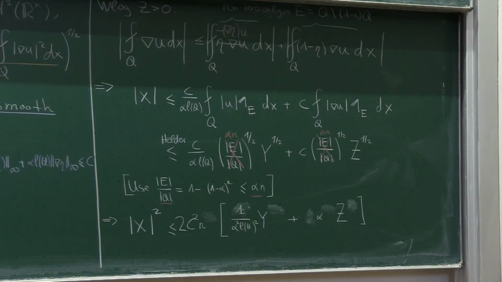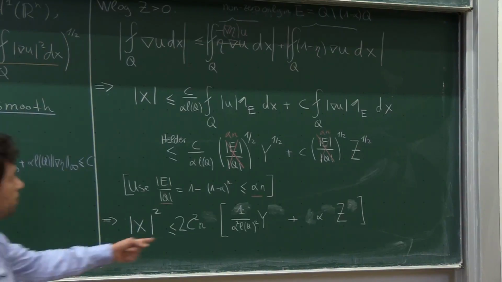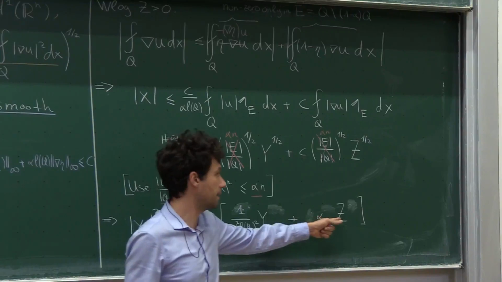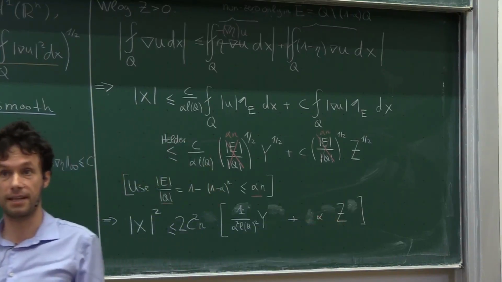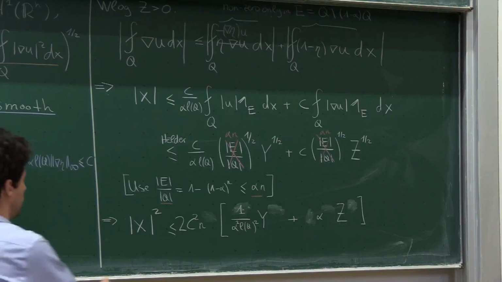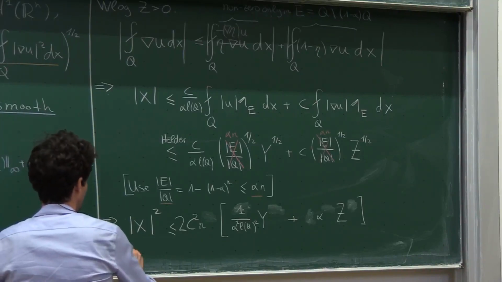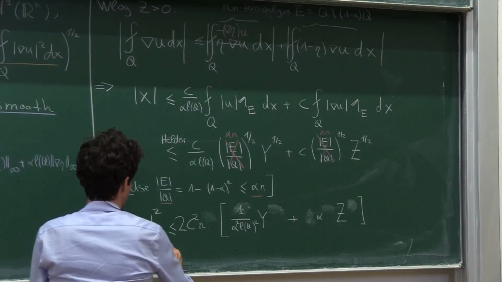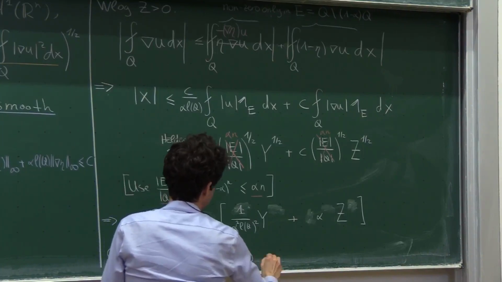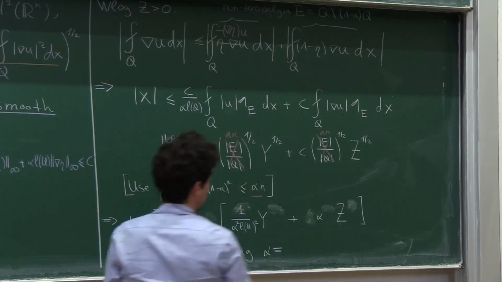Good. So now the only thing I have to do is optimize in alpha. You see now I have an additive bound with respect to capital Y and capital C. I optimize in alpha to make it a multiplicative one. So I conclude by picking alpha to be what?